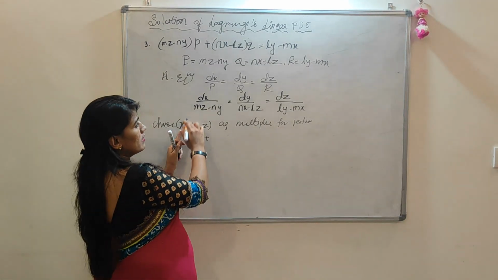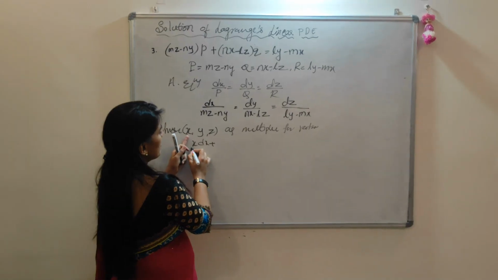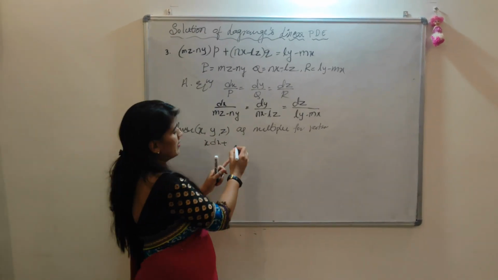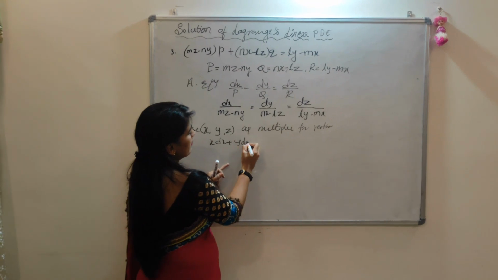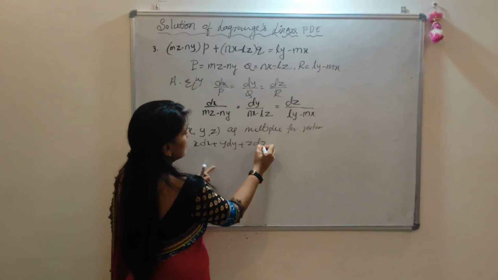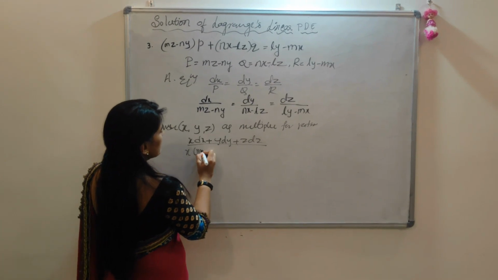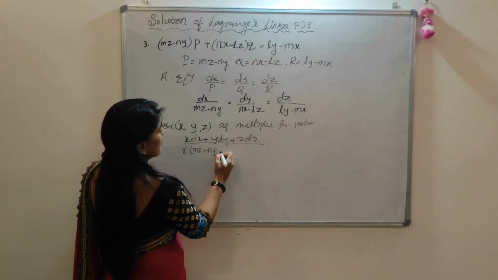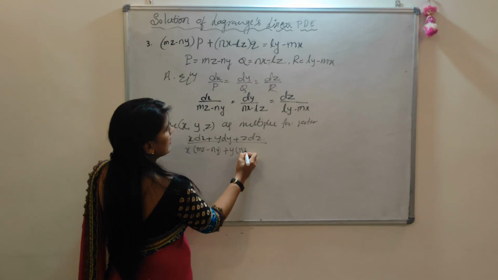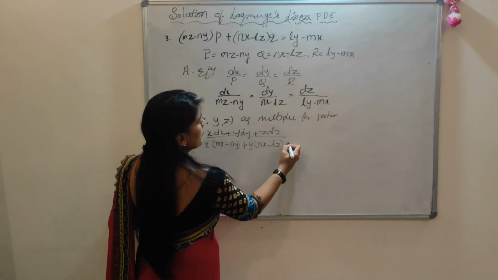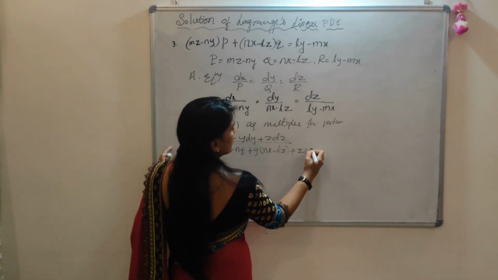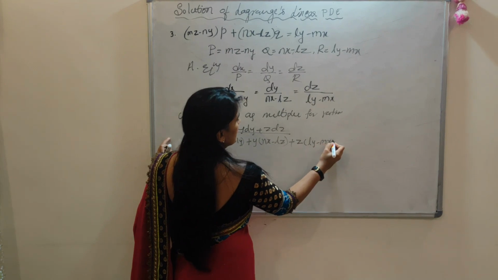This is the first one, x dx divided by x of mz minus ny. Similarly, y dy plus z dz divided by, see, x of mz minus ny plus y of nx minus lz plus z of ly minus mx.